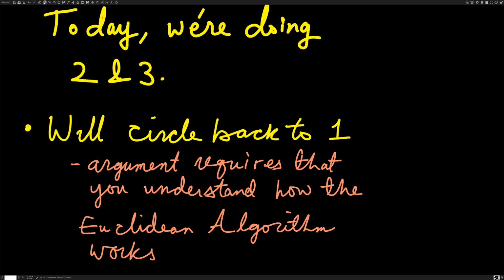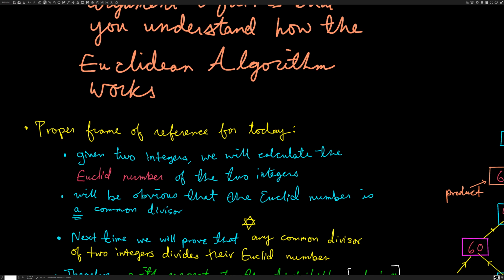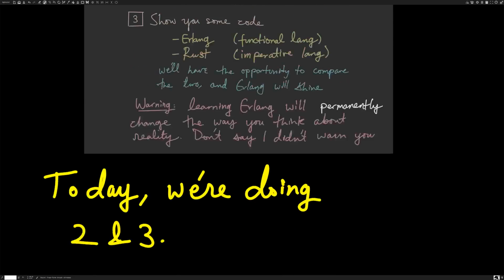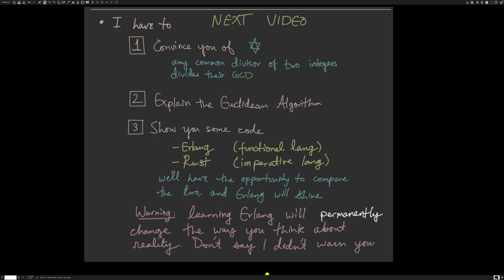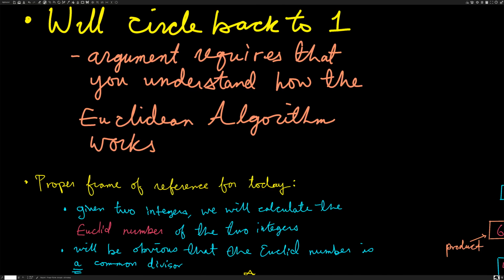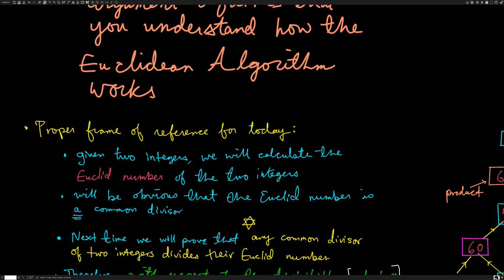I'm going to give you half the argument for 1 today. You have to be careful not to make a circular argument, but it requires that you understand how the Euclidean algorithm works. So given that, I'm not going to convince you that it is the GCD. There's a proper frame of reference for today, in order to avoid the danger of making a circular argument.